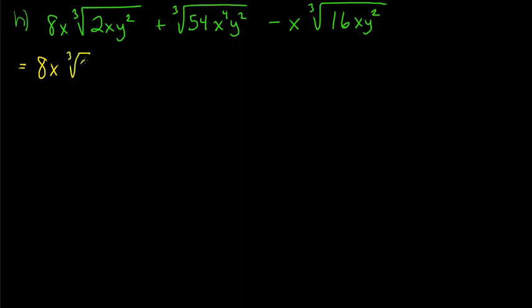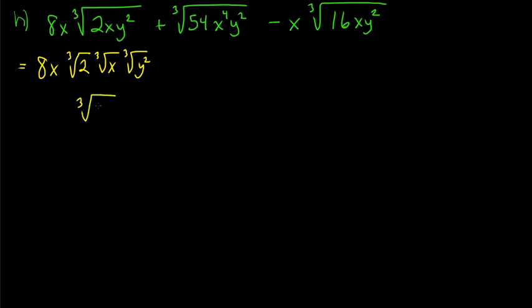We have the cube root of 2, the cube root of x, and the cube root of y squared. You can split them apart, but notice that there's no perfect cubes in 2, there's no perfect cubes in x, and there's no perfect cubes in y squared. Right? None of the exponents underneath a radical is bigger than 2. Right? There's no 3's.